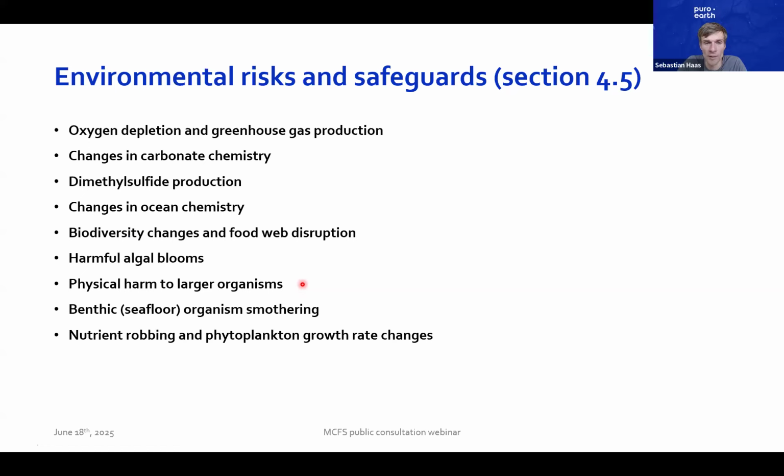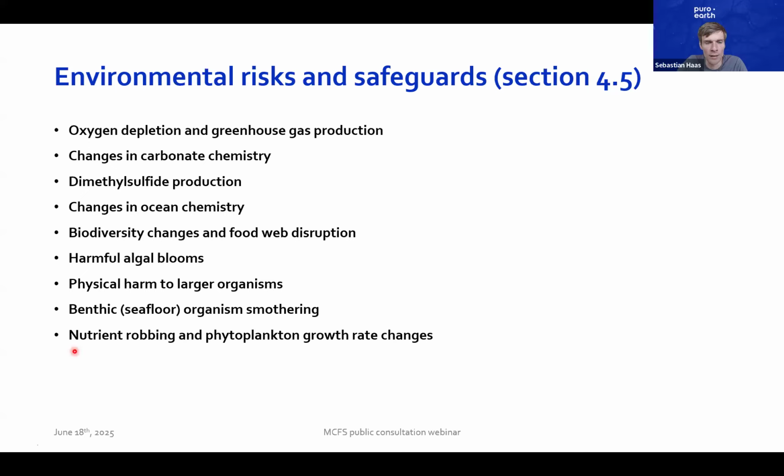Another aspect is the fast sinking speed, where there's hopefully little time for fish to ingest them. And then there are also requirements around keeping an eye on the situation by monitoring and using information from fisheries reports and scientific literature to understand the risks for local macrobiological communities.